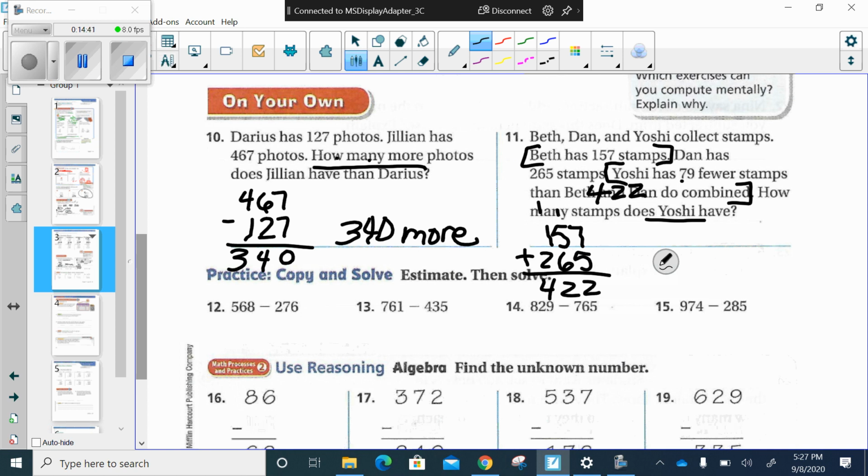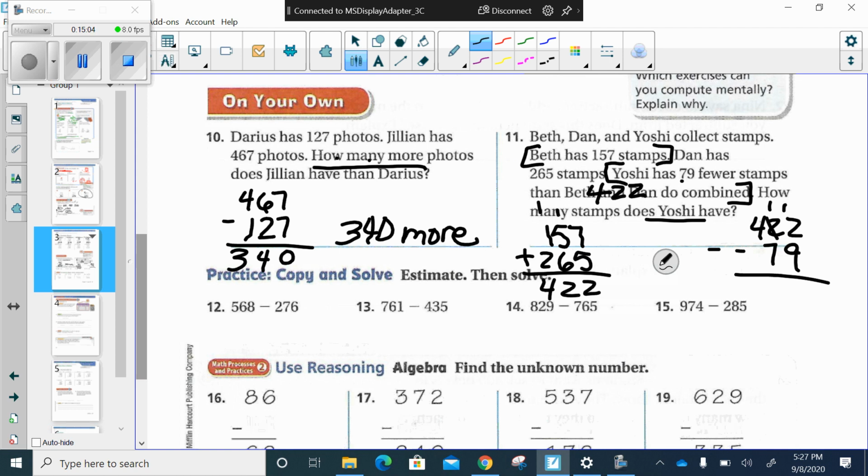But we're not done, because now we know how many Beth and Dan have together, but we have to figure out Yoshi's. So we have Beth and Dan that has 422, and then we're going to subtract out Yoshi's. Okay? Because it says fewer, so we have to subtract. So 2 minus 9, can't do it.